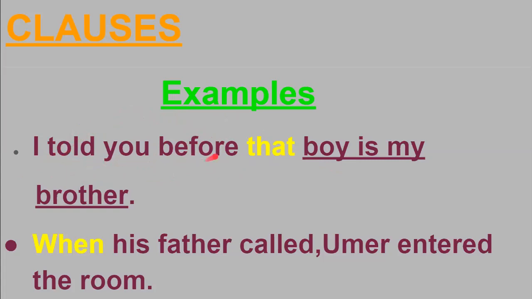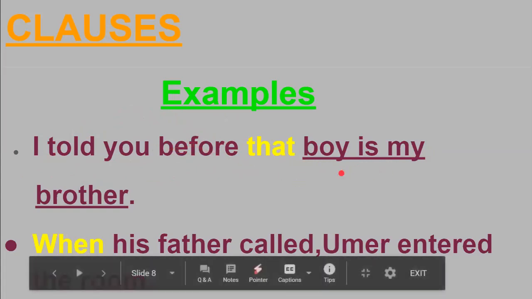Do you understand that? And then after that is the dependent clause. It is starting with "that". That is the conjunction. It is joining these two clauses, the independent clause and the dependent clause.